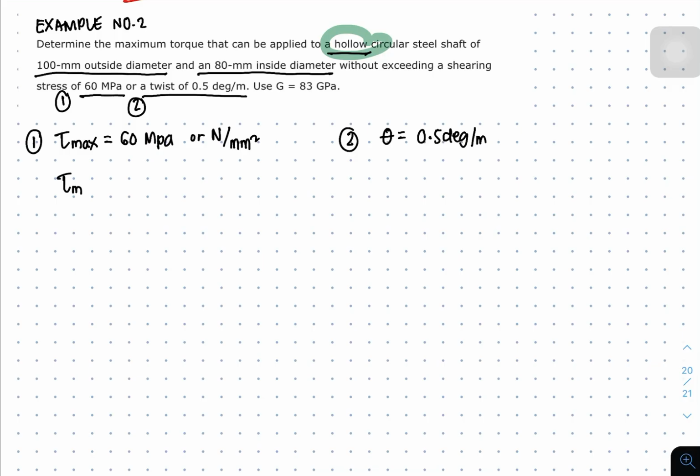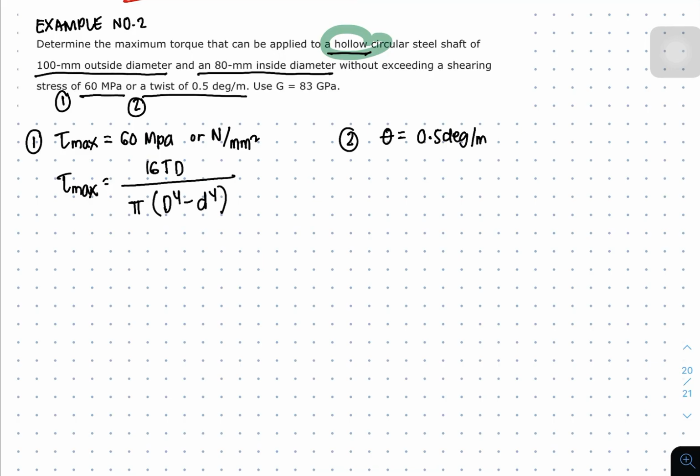For the maximum shearing stress, it was given in the previous video that the formula is simply 16 times the torque times the outside diameter all over pi times the difference of the outside diameter to the fourth minus the inside diameter to the fourth.